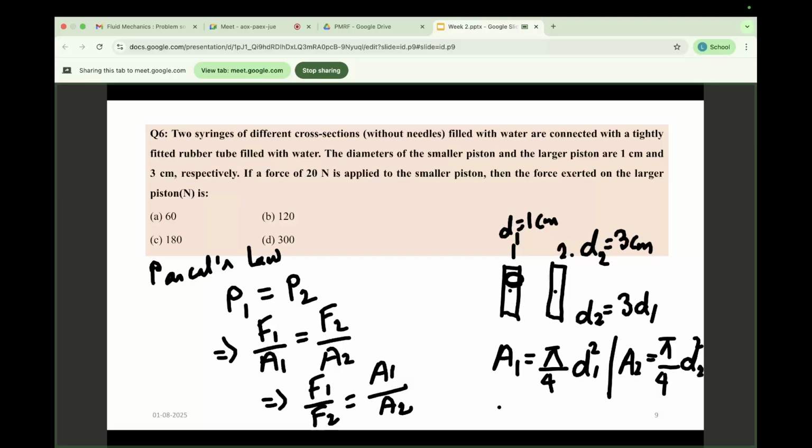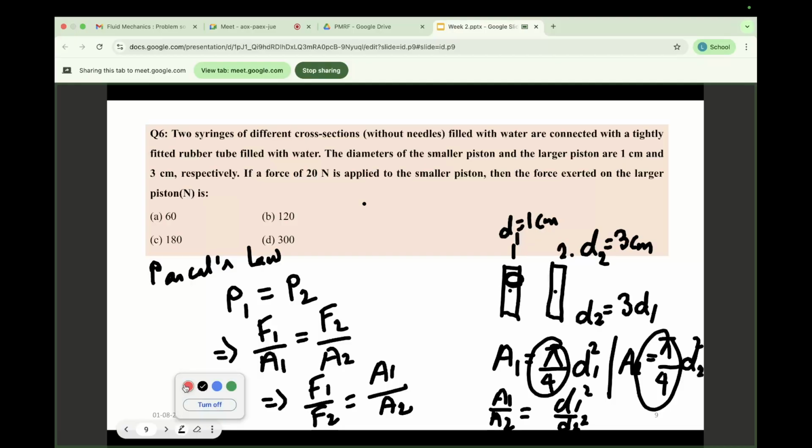So if I divide A1 by A2, these terms are equal, so I will get D1 square by D2 square. I can write A1 by A2 equals 1 square by 3 square.